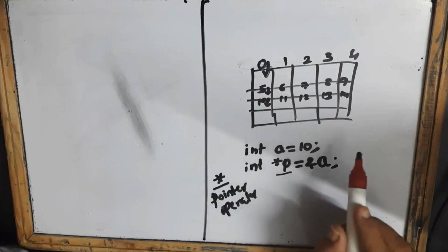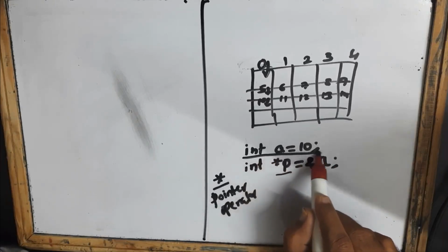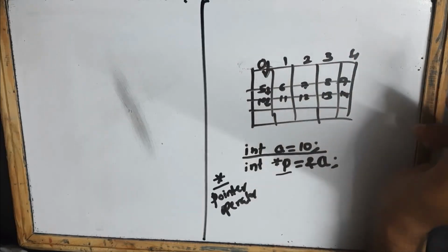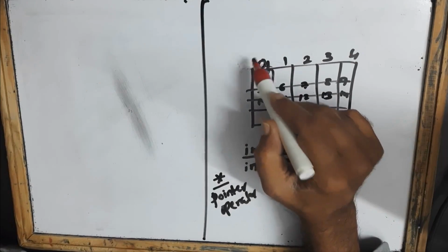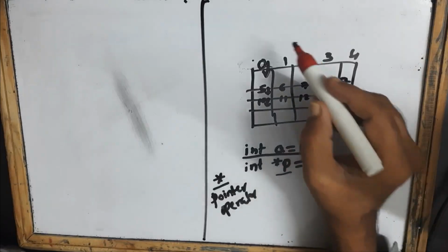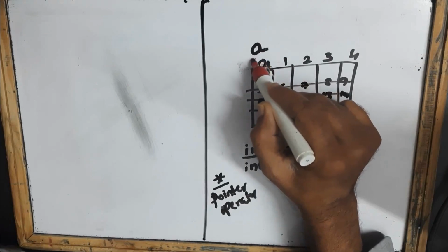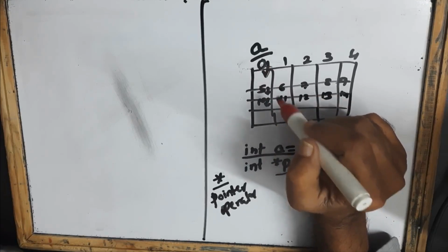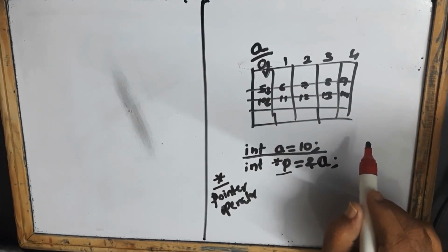So what happens here? When you say integer A is equal to 10, it assigns a free memory location. In this example, we take 0 as a free memory that is not assigned to any variable. So first, A is assigned to 0, and the 0th location will be used for the variable.